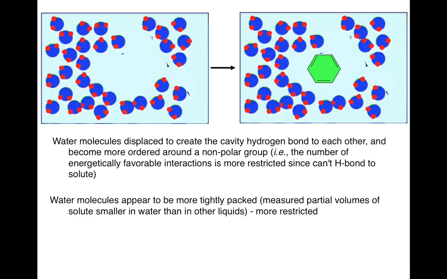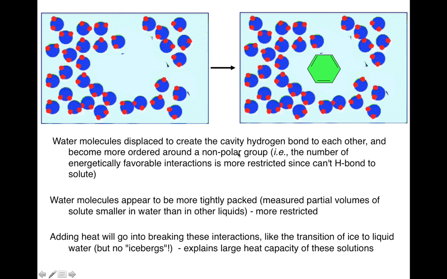So you have a restriction, you have fewer choices, as it were, of being able to hydrogen bond, because it can't hydrogen bond to the solute, but they can't hydrogen bond to each other, because now you've lost some of the other water molecules that would have been here to hydrogen bond with. So all these factors are restricting the accessible states, and therefore giving you a lower entropy. It's actually giving you an unfavorable entropy in terms of opening up this cavity and then rearranging around the solute.